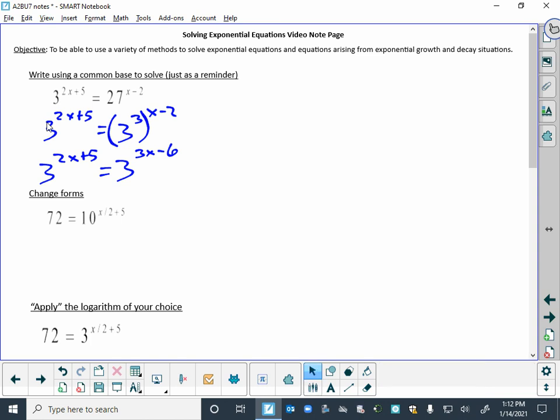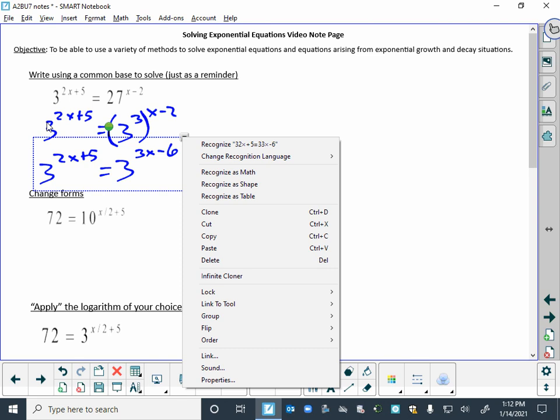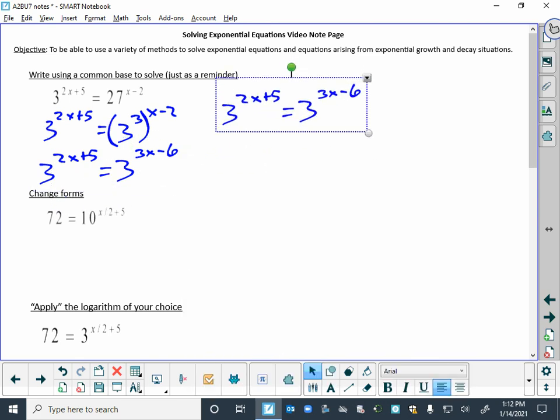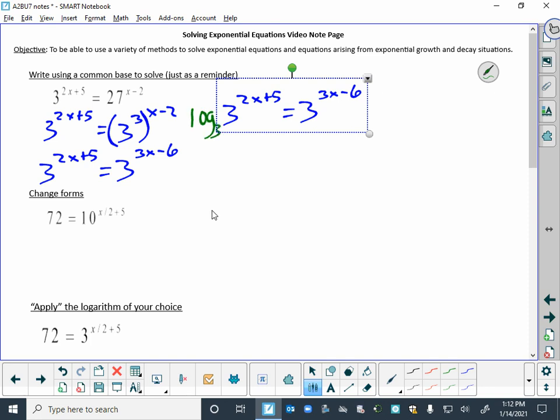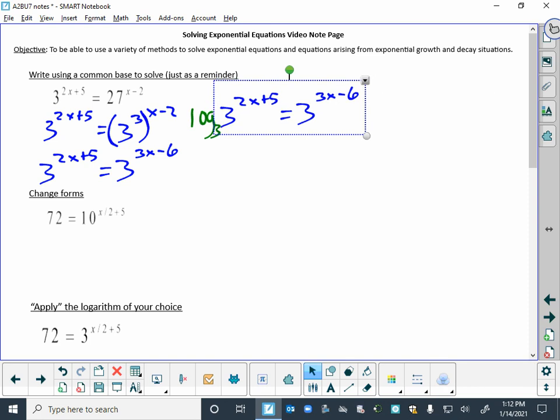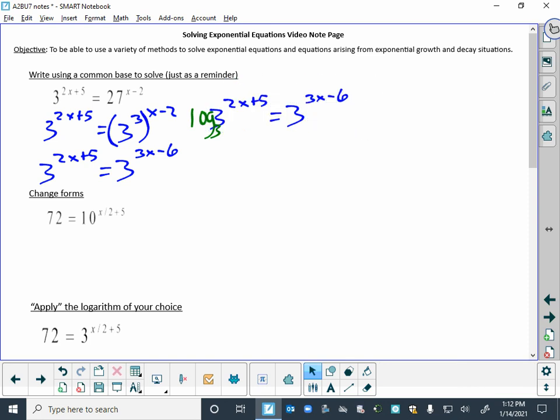And now technically what we're doing on this particular equation is we are going to take a log base 3 of both sides.